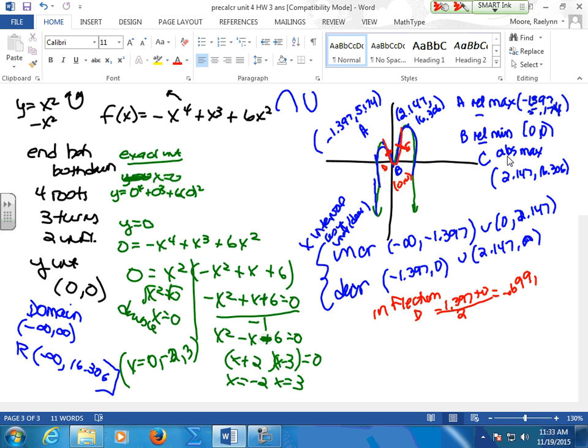Now, in order for us to find the y, listen carefully. Go to your graph. Go second calc, you're at value number 1. Hit enter. And put in the value of negative 0.699. This is for an inflection point.